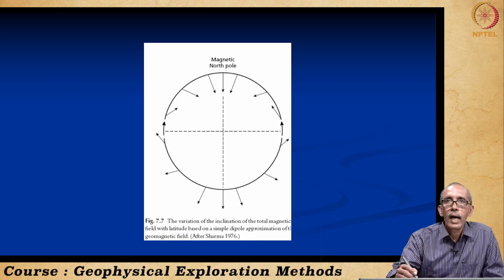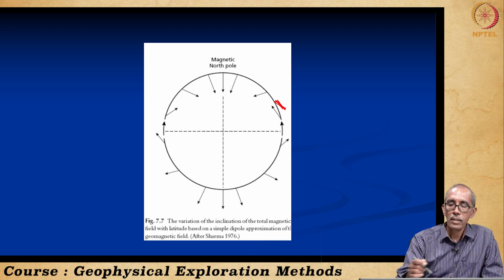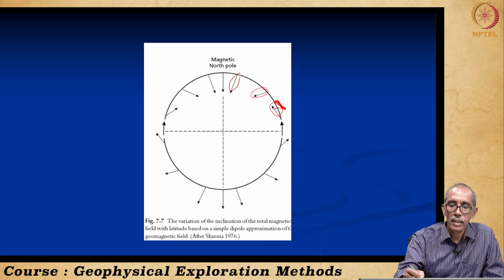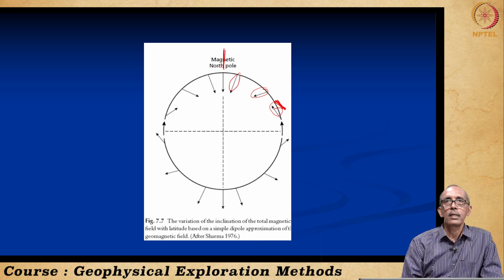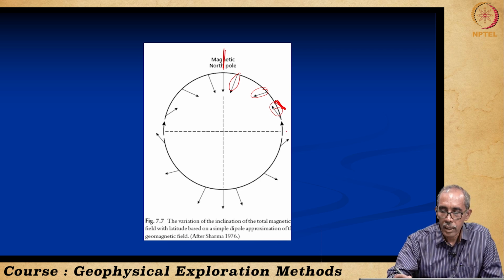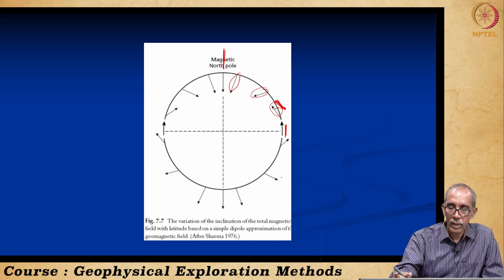So, this is what we were discussing. When you have the needle tied to a thread, when you are here, the needle will be dipping towards north, as you see in these arrows. Somewhere here it also dips towards north, but the angle is much more. Somewhere here the angle increases. When you are here, the magnetic needle is essentially vertical. When you are at the equator, the needle is essentially horizontal. When you move this way, the reverse will happen.